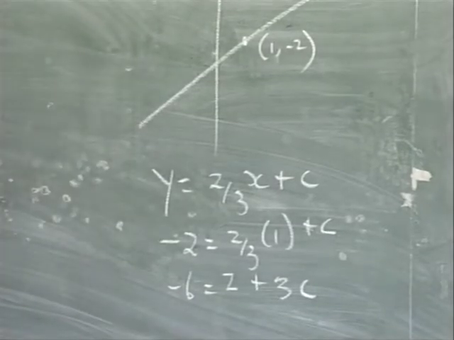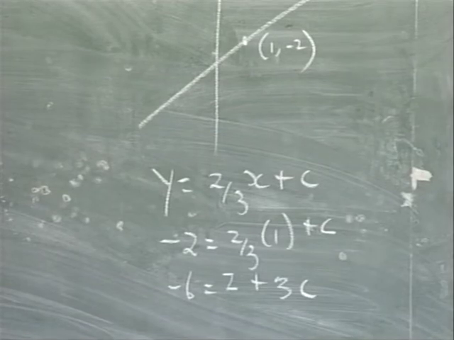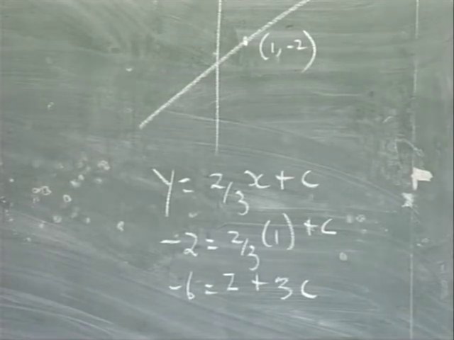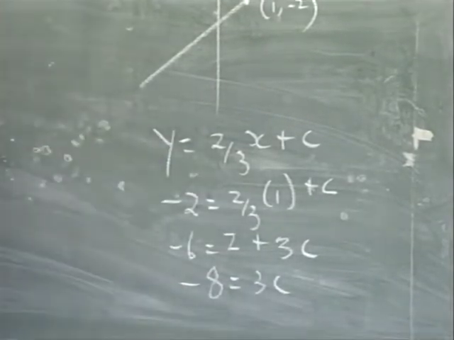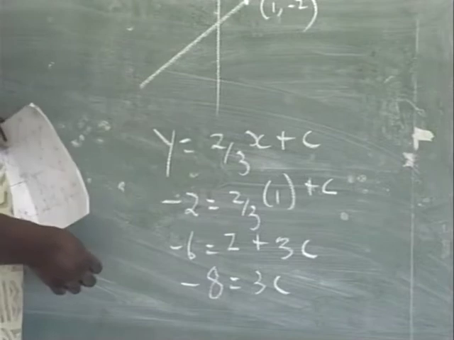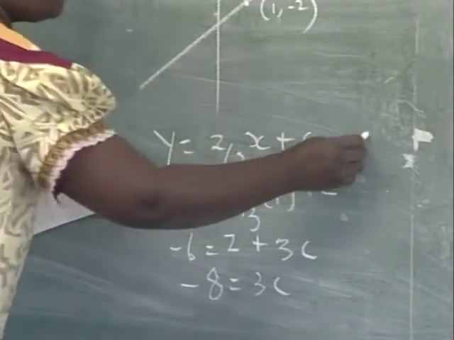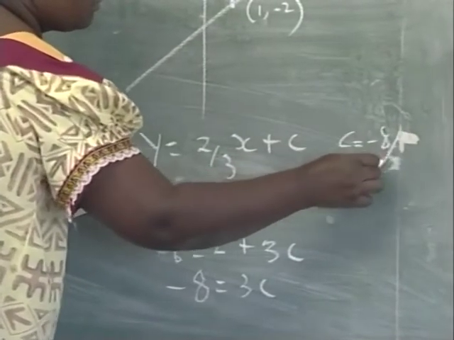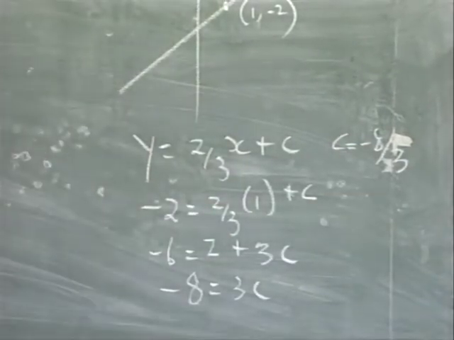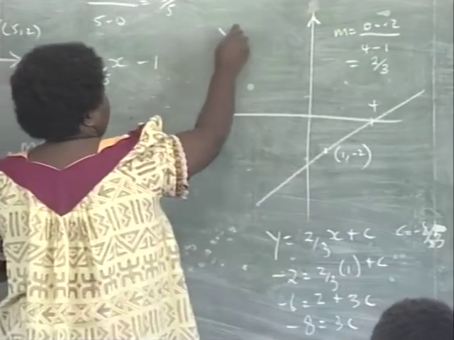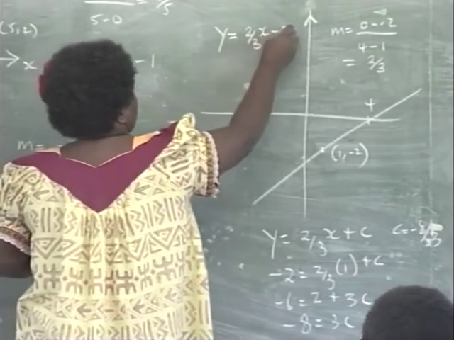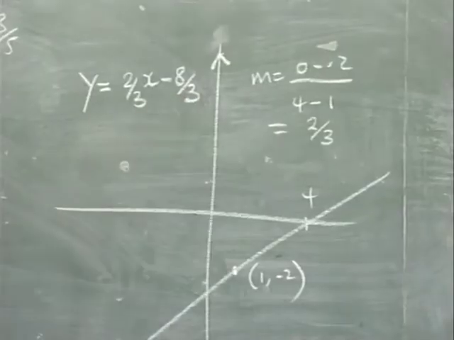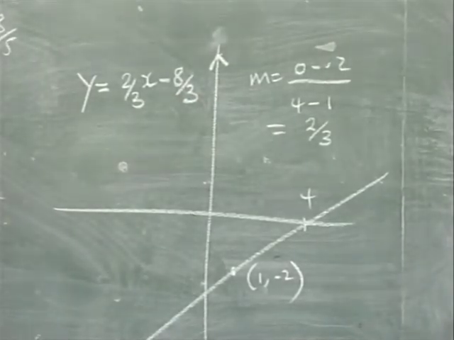So the y-intercept is negative 8 on 3. The equation for letter M is y equals 2 on 3 x minus 8 on 3.